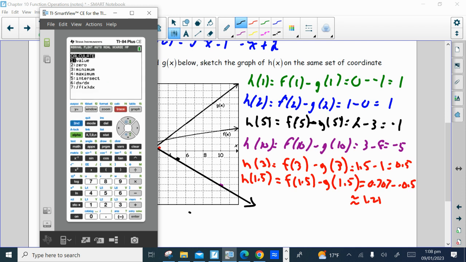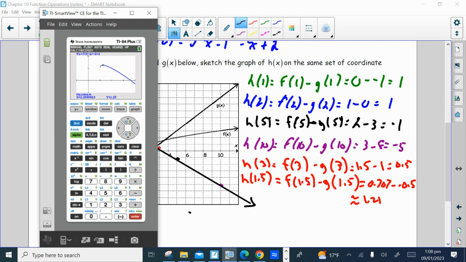And again, we want number 4 here, which is the maximum. I'll put my left boundary at 1, my right boundary at 2, and it's actually at 1.25. So using the graphic display calculator, the maximum point is 1.25, and it occurs when x is 1.25.